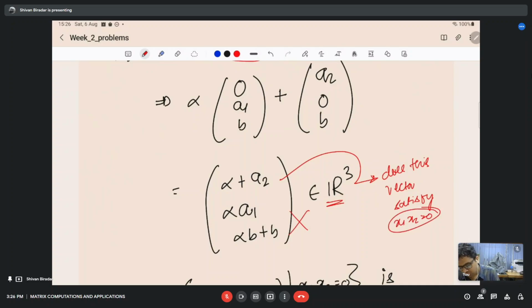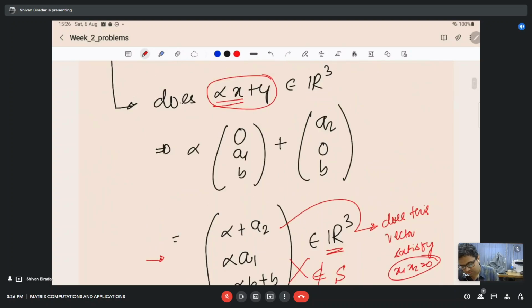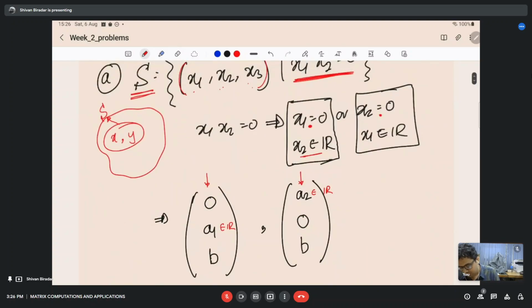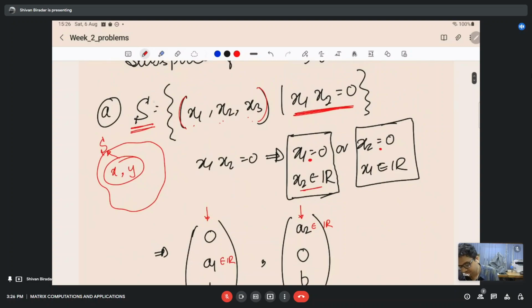No. So this vector does not belong to the subset S. So this is where we can stop and say that this subset S is not a subspace.